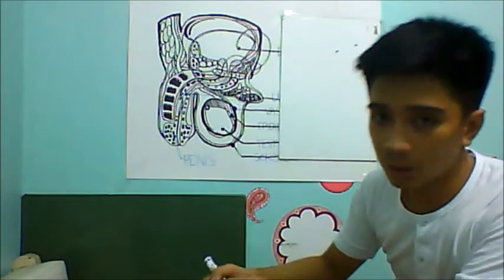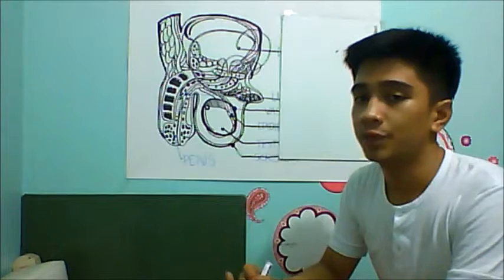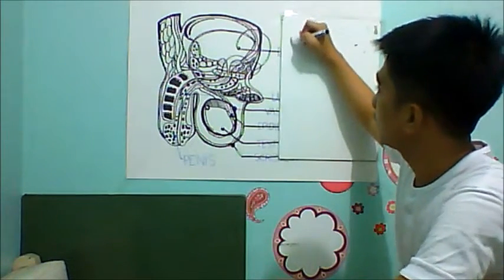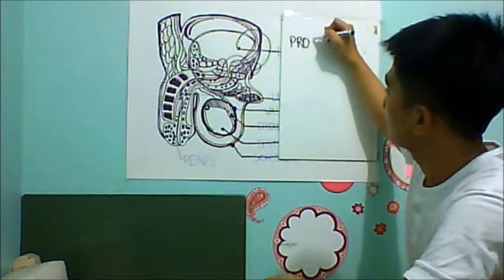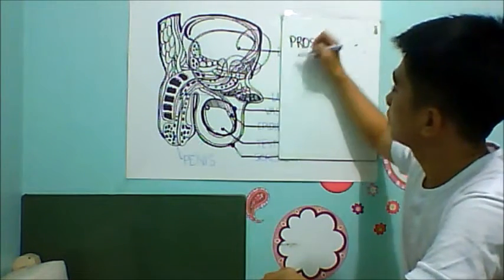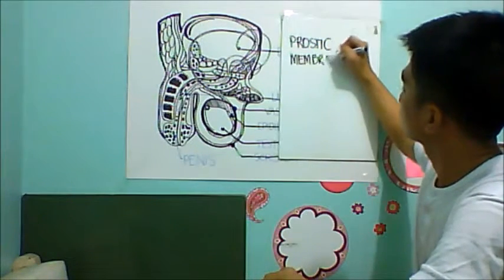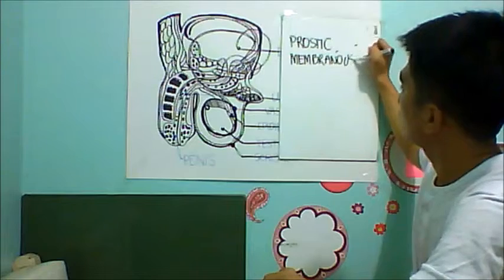The next part is the urethra. The urethra is one of the most important structures within the male reproductive system because it is the main passage for the male reproductive fluid and for waste from the body. The urethra is divided into three: the prostatic, the membranous, and the spongy.